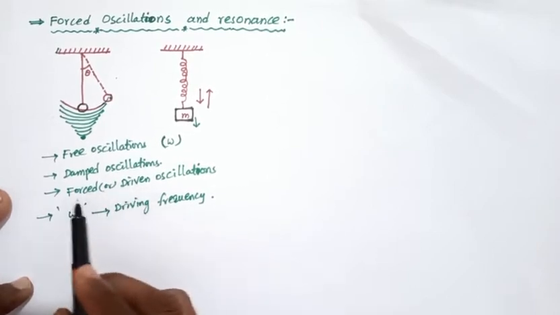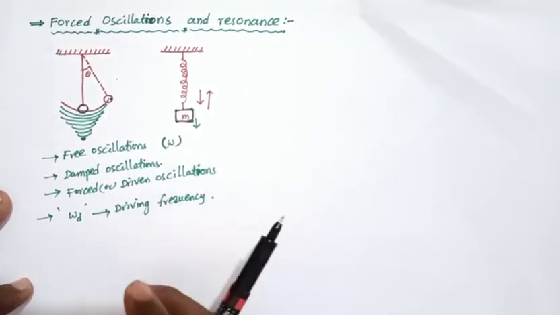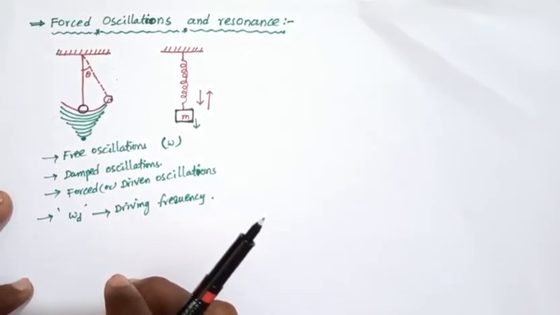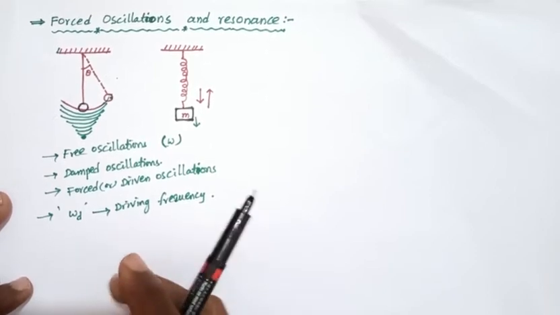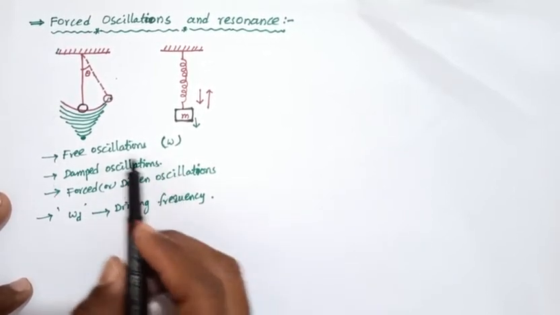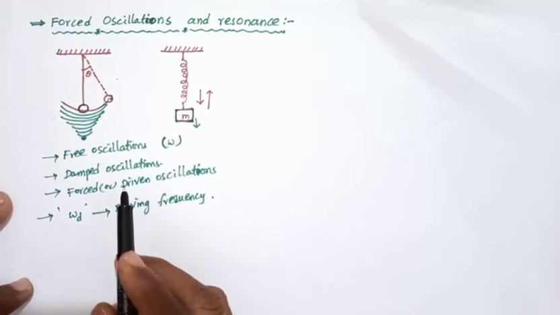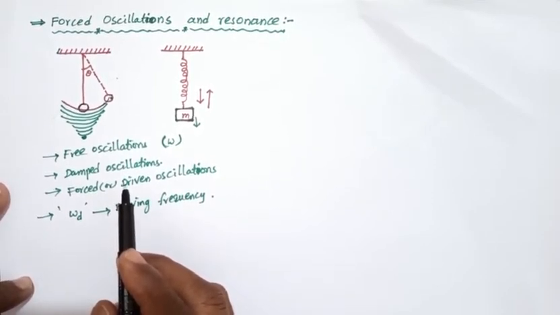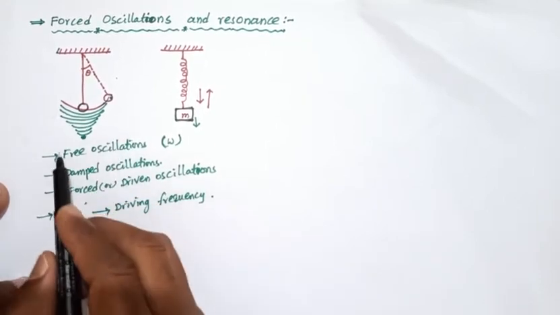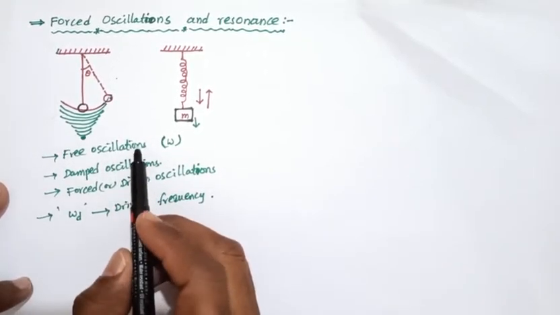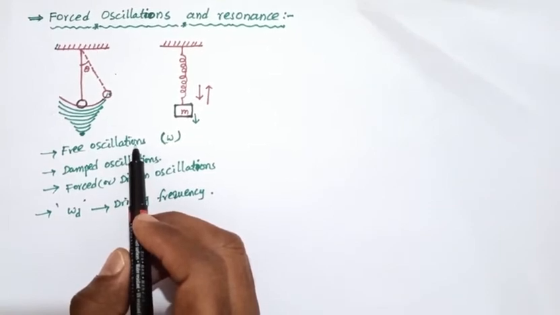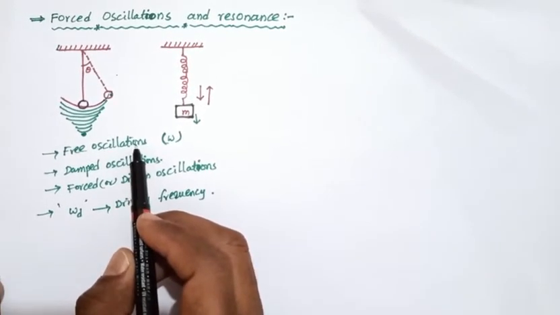Omega d is nothing but the driving frequency of the external agency. The free oscillations die out due to the damping force.